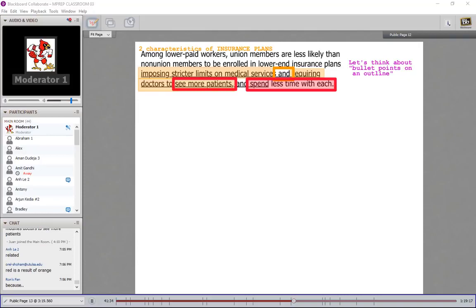Yeah, it's cause and effect, you bet, right? This is cause and this is effect. If you have to see more patients, then that's going to mean as a direct consequence that you're going to spend less time with each one, because there's only so many hours in your workday.